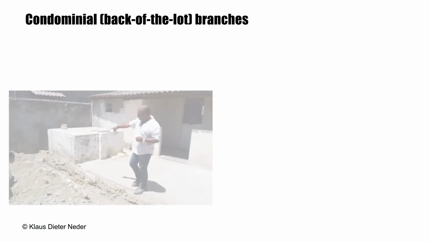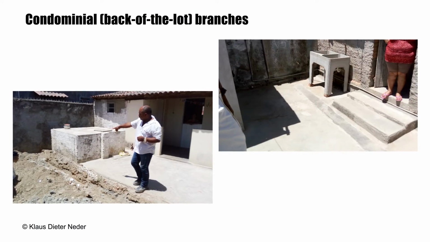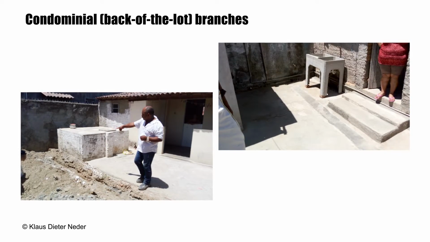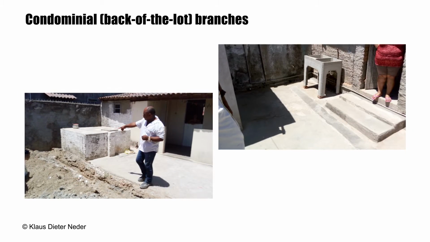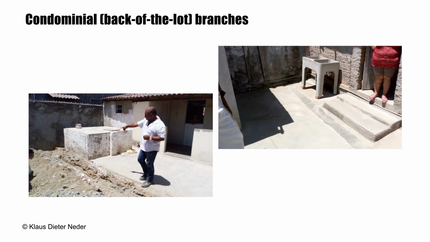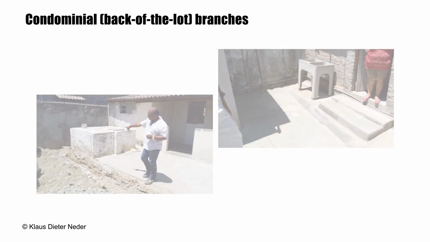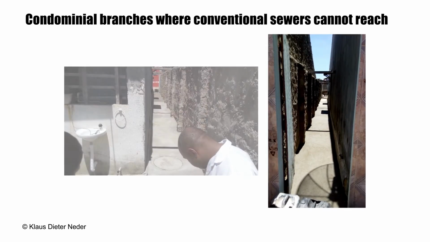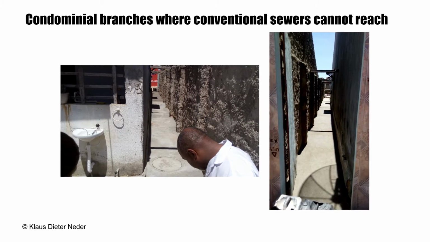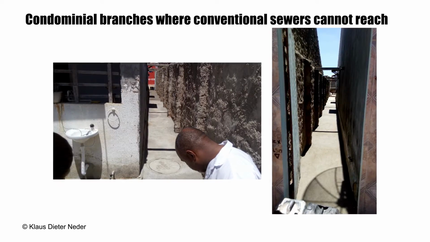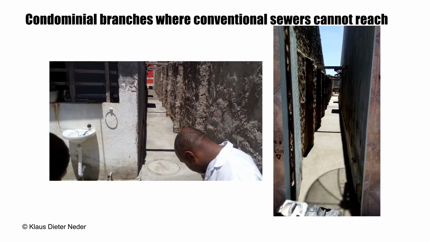However, in informal, densely populated, unplanned settlements or in other circumstances, such as where the sanitary facilities are located at the back of the house, the back-of-the-lot branch is sometimes the only feasible option. It is in these circumstances where the condominial approach is especially beneficial, as it can provide solutions in situations where conventional sewers would not be feasible.